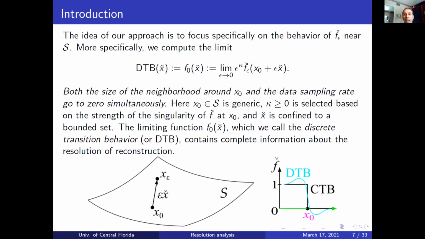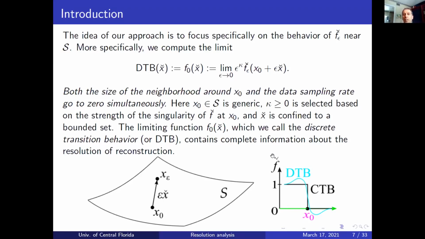We fix the dilated variable check x, multiply the reconstruction by epsilon to the power kappa, and take the limit as epsilon goes to 0. It turns out that for one specific value of kappa, the limit exists and is non-trivial. This limit is denoted by f naught, and we also call it the discrete transition behavior, or DTB for short.